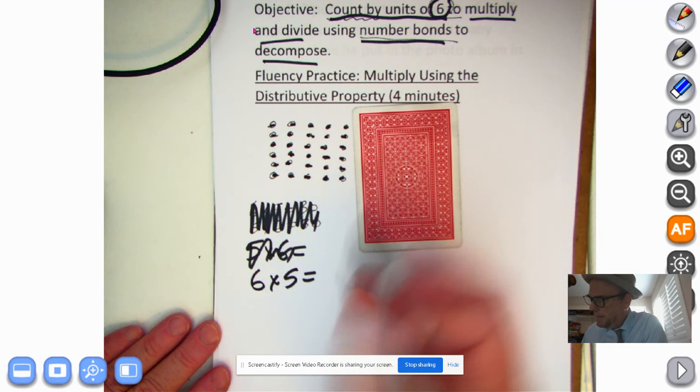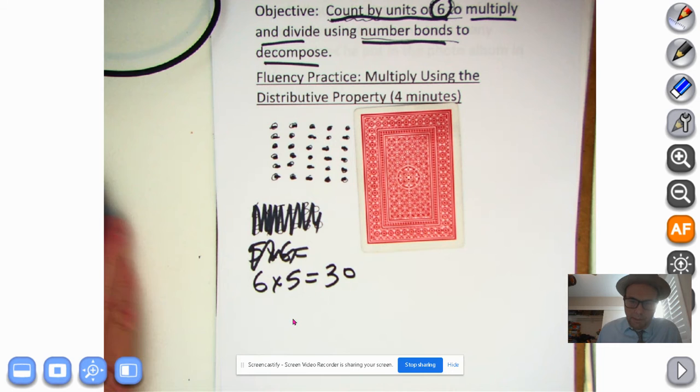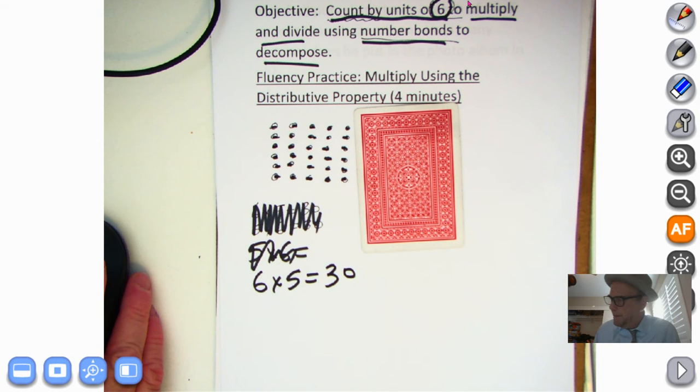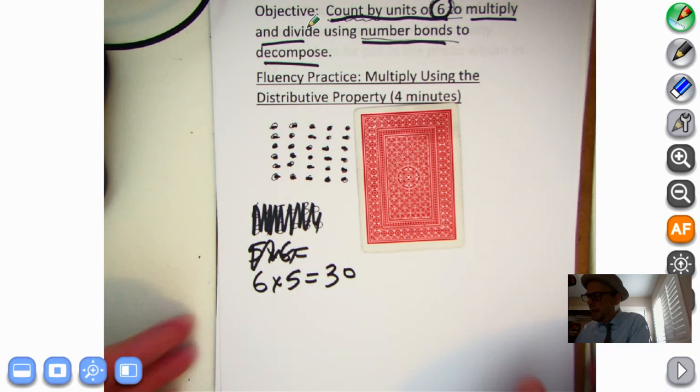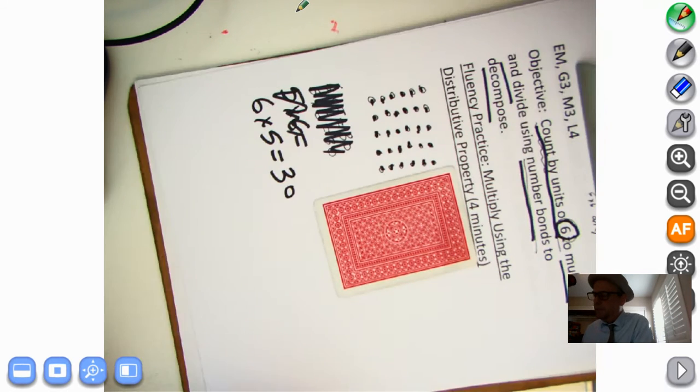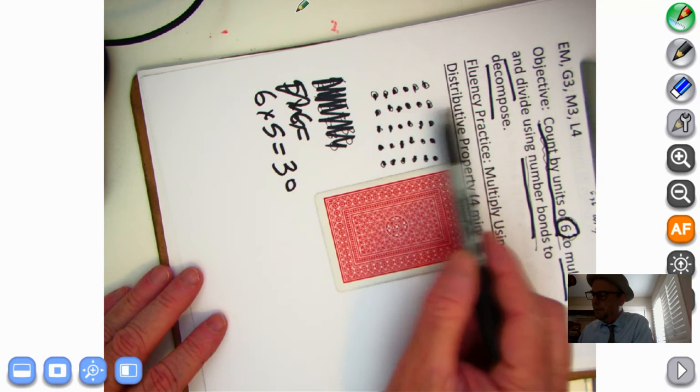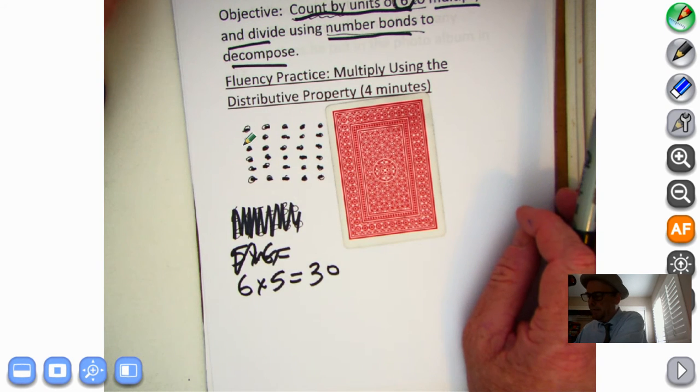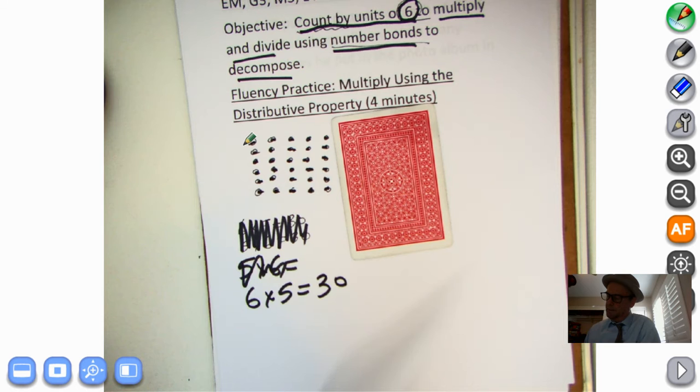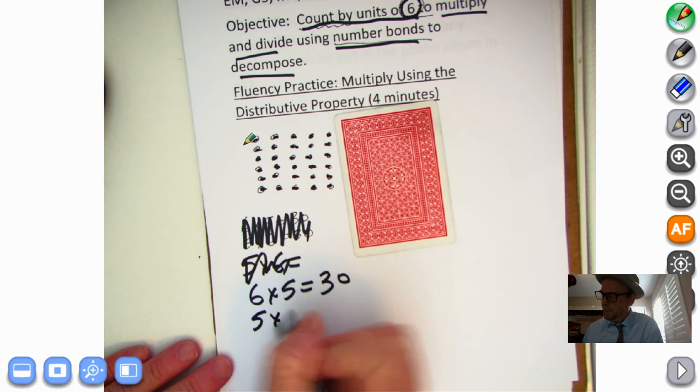All right? And the same holds true, and as you all know from the distributive property, we can swing it this way, and we would get 5 times 6 would equal the same thing, right? So 5 times 6 equals 30.